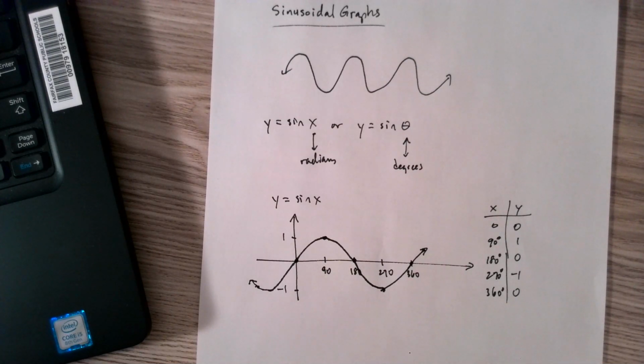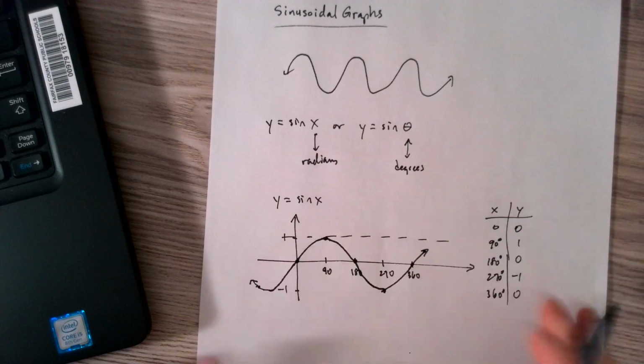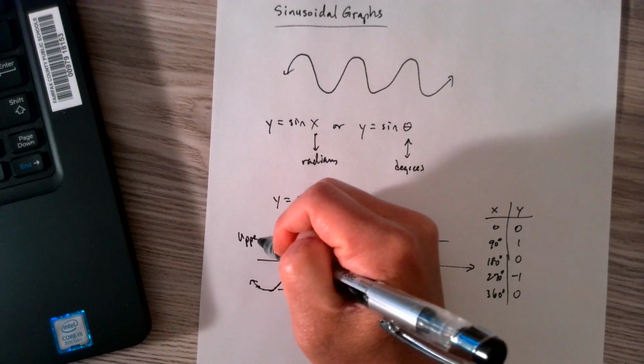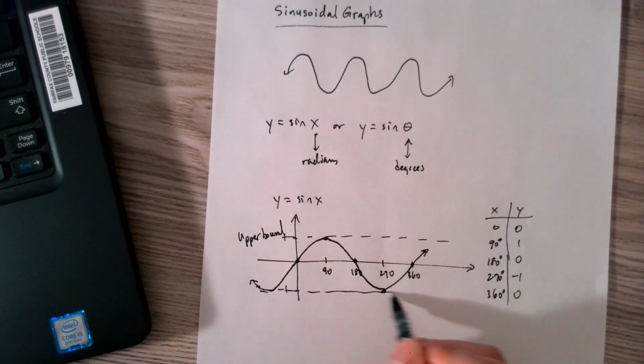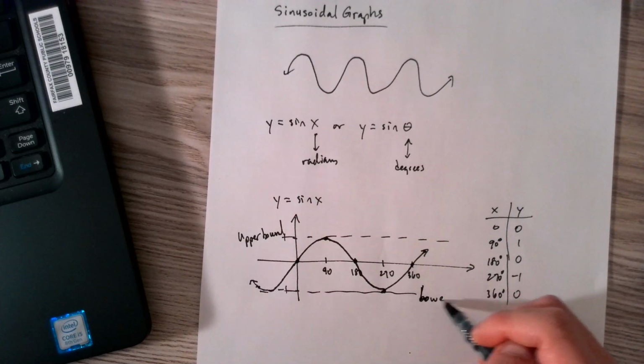And sinusoidals have parts. So there is an upper bound that the graph does not exceed. There's a lower bound as well.